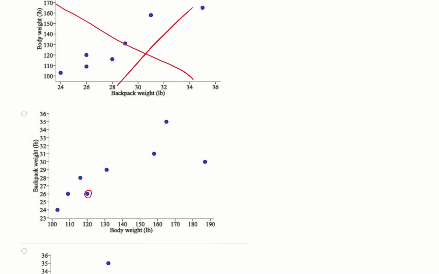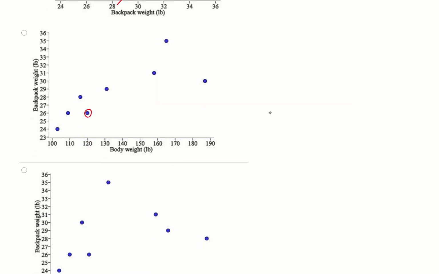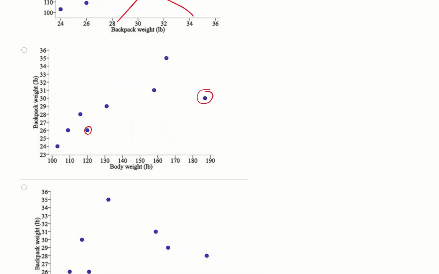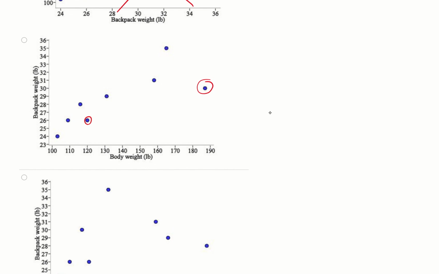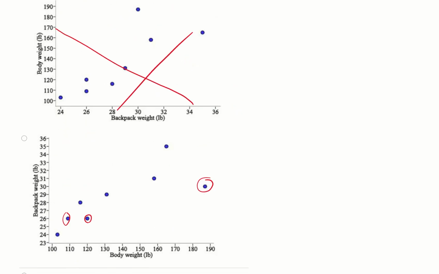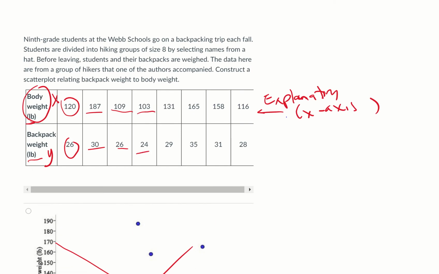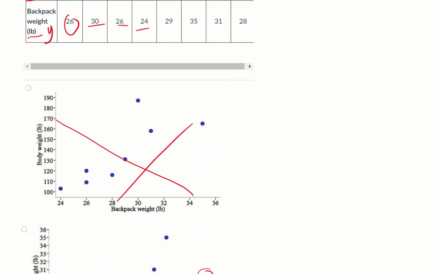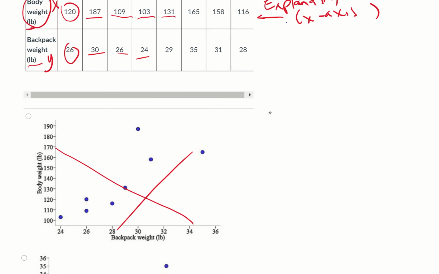187 and 30. 187 is around here, and 30. So that makes sense too. 109 and 26. Looks like that one. 103, 24. Like that one. 131, 29.